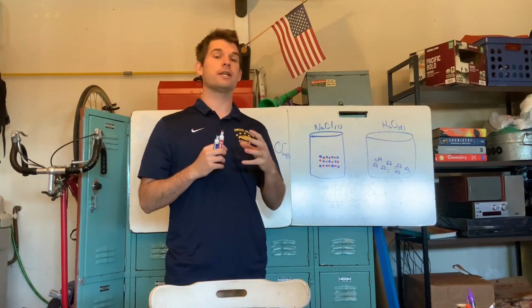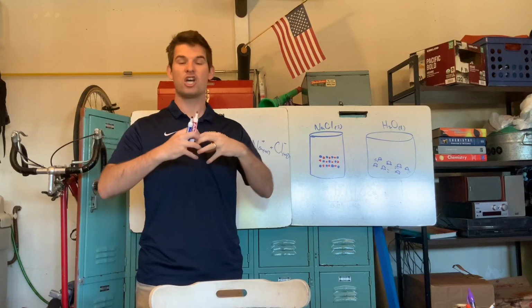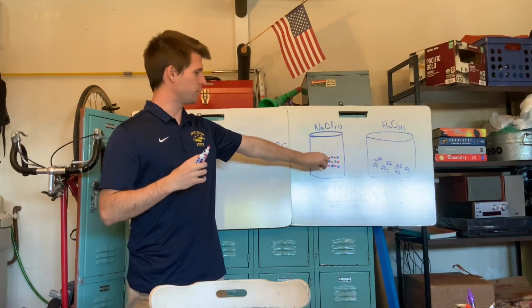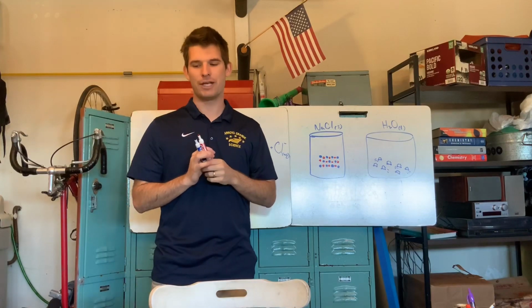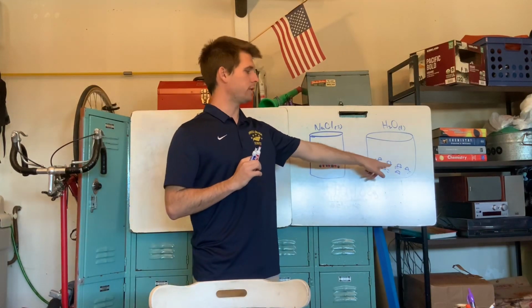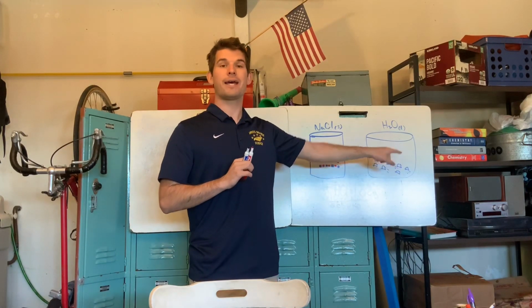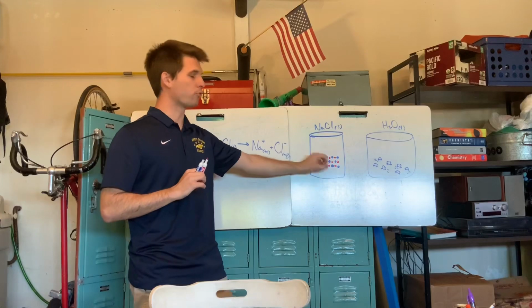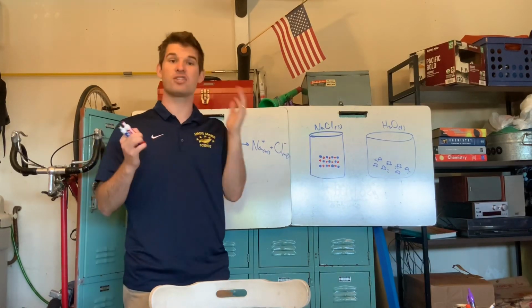The energy required to break apart this crystal lattice is called the lattice energy. It comes from the energy that's in the water. We said there was some thermal energy in here. That energy is used to break the salt apart and dissociate it. That's the lattice energy.